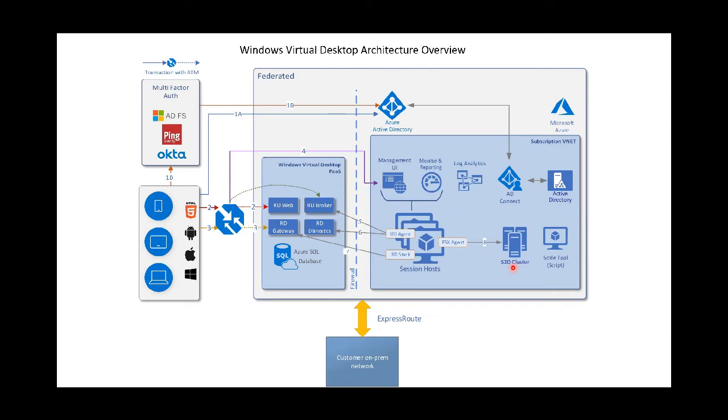Now, the beauty of FSLogix is, it stores the user profile in the form of a VHD file. So that when a user logs into a VM, basically it mounts remotely the VHD file in the local VM where the user is logging in, and it redirects all the profiles.